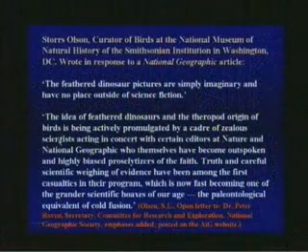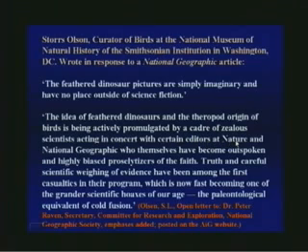In fact, that is unfair science because it's based on a lie. The idea of feathered dinosaurs and the theropod origin of birds is being actively promulgated by a cadre of zealous scientists acting in concert with certain editors at Nature and National Geographic.